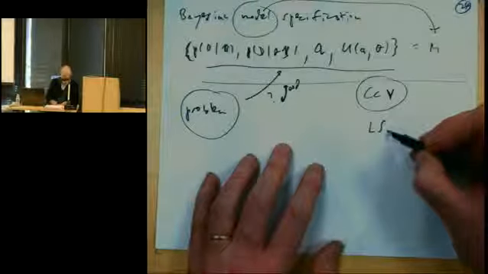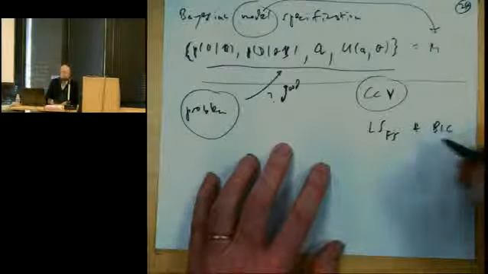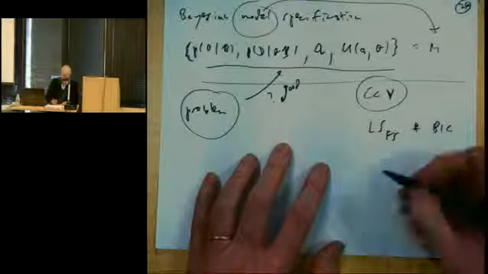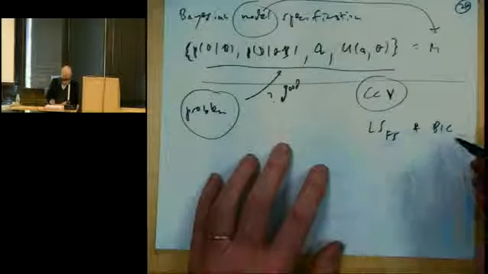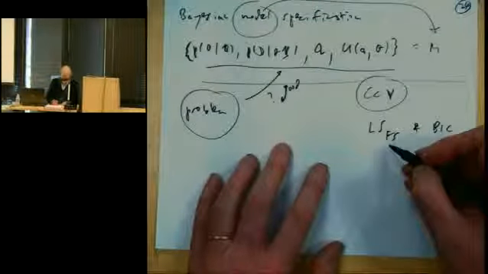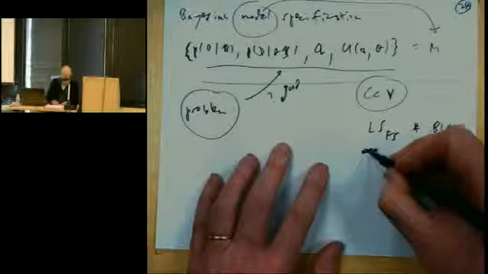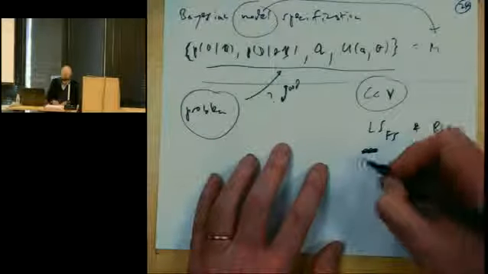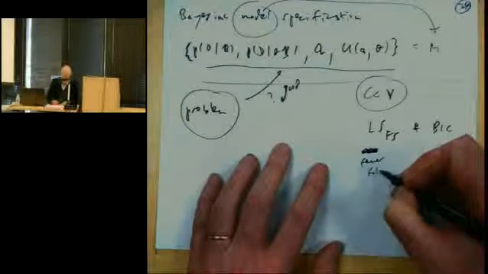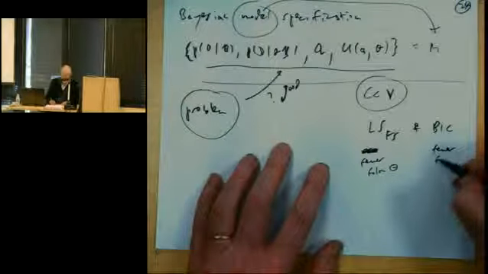I draw to your attention full sample log scores and also BIC as ways of doing model comparison, where the choice between them is based upon the false positive, false negative trade-off. Full sample log scores makes fewer false negatives, and the BIC story makes fewer false positives.